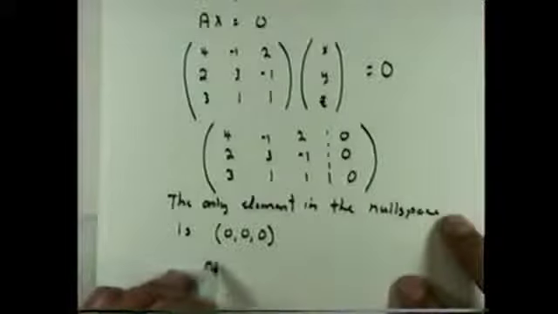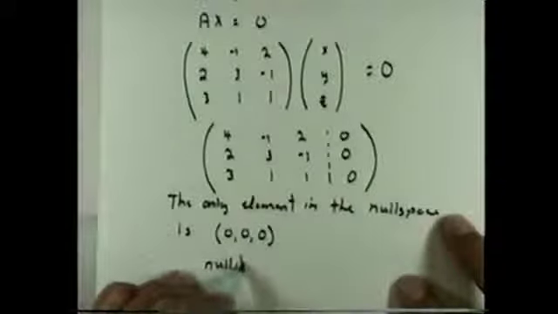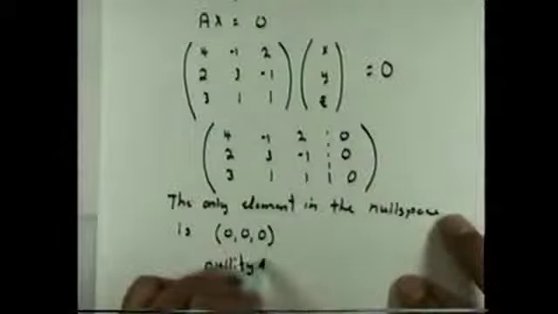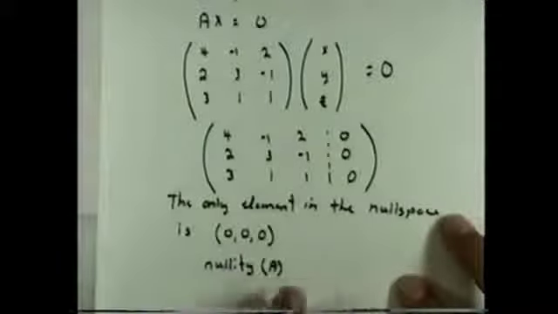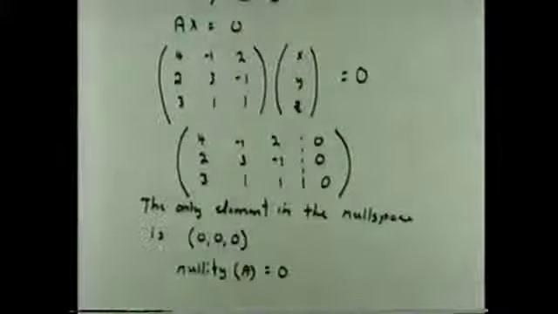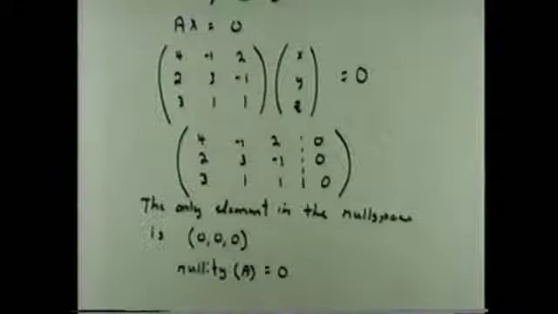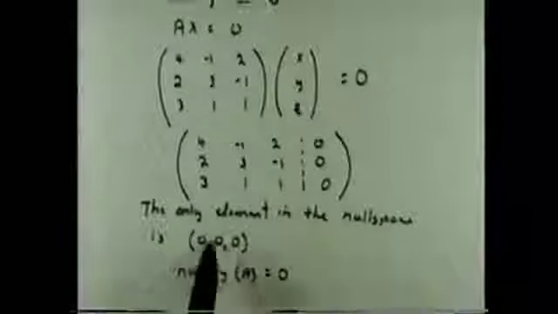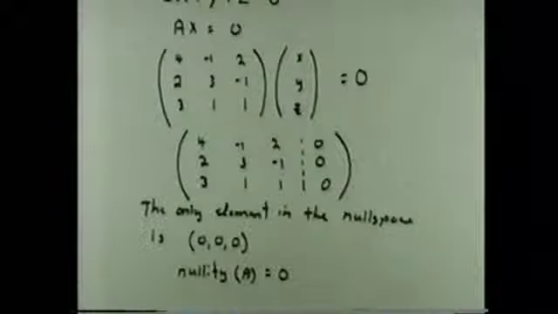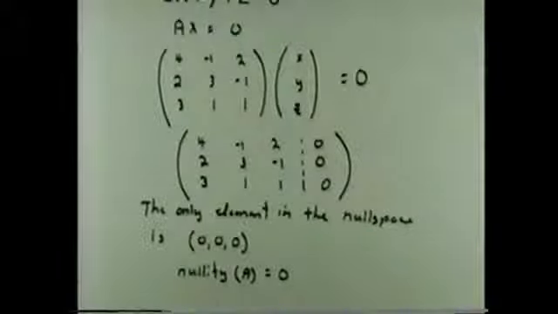The nullity of A, which is the dimension of the null space, is going to be 0, because if the vector space consists only of the 0 vector, then we say its dimension is 0.